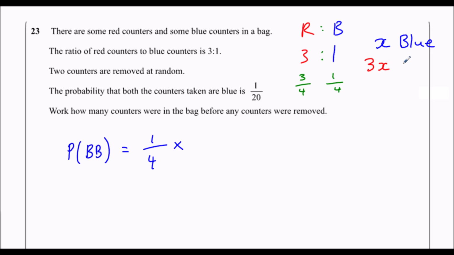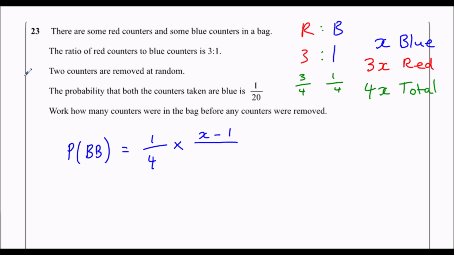So 3x red, meaning in total there are 4x, the blue plus the red. So if we took a blue counter out the first time, there's 1 less now. So there's x minus 1 left in the bag.